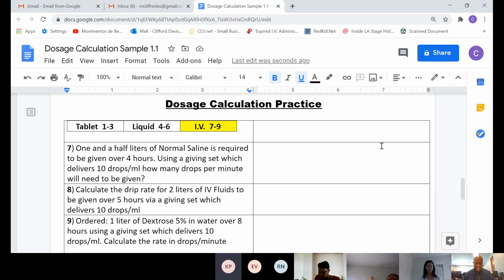All right, so let's have everybody tackle 7 through 9. Professor, are they ready for heparin dosage calculations? Yes. Okay, well, we could make that number 10 maybe. Because we did go over that, and actually that would be great to go over it.